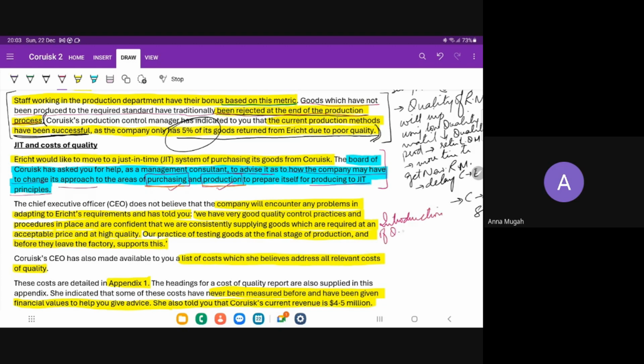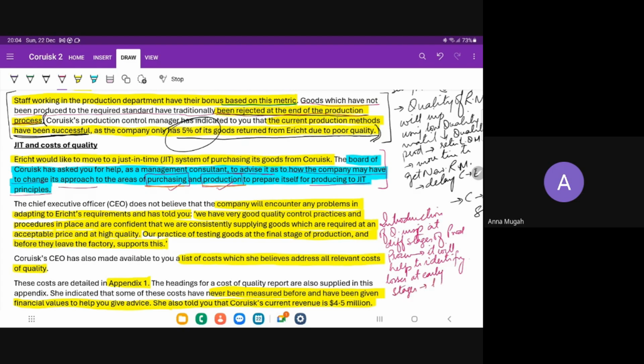So introduction of quality checking or inspection at different stages of the production process. And why is this important? Because it will help to identify losses at early stages.